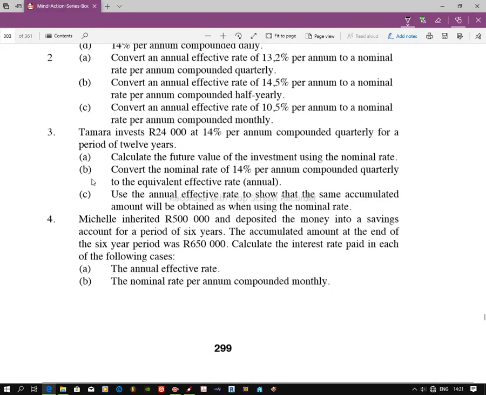So as we proceed with our lesson, let's go for number B. They say convert the nominal rate of 14% per annum compounded quarterly to the equivalent effective rate. So we are converting a nominal rate of 14% per annum, which we already know is compounded quarterly, to the equivalent effective rate.